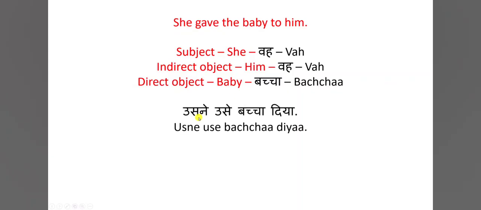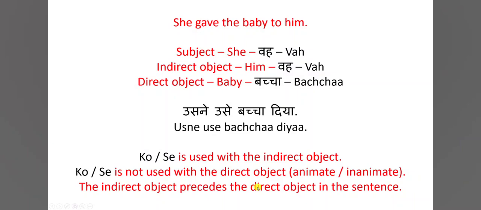But then the sentence translates to उसने उसे बच्चा दिया. And we have followed these rules while translating. Ko or se is added to the indirect object. It is not added to the direct object, whether animate or inanimate. Indirect object comes first, then comes the direct object.